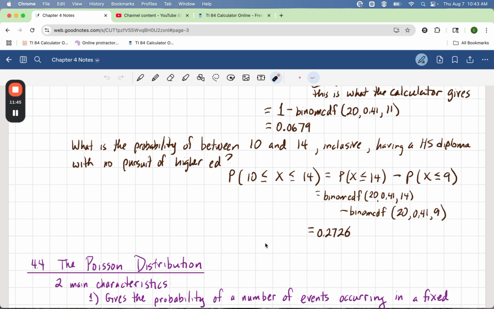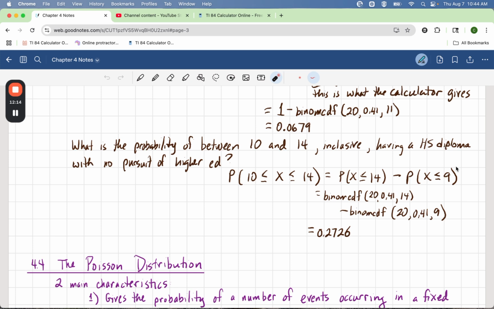Or we could use what we know about subtracting off a different probability. So the probability between 10 and 14 is going to be the probability x is less than or equal to 14, so that's 14, 13, 12, 11, 10, 9, 8, 7, all the way down to 0, minus the probability x is less than or equal to 9. So we're subtracting off the probability x equals 9, plus the probability x equals 8, etc.